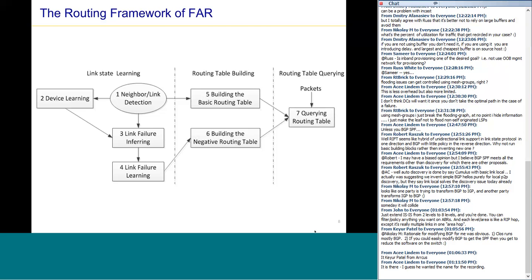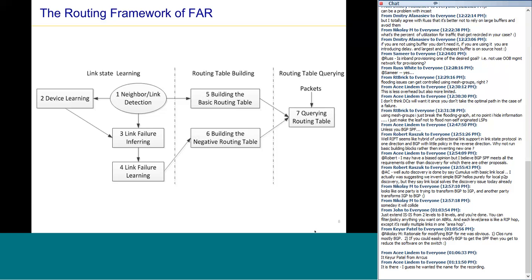So this is the procedure of fault avoidance routing. Step 1 is the link state learning, the neighbor link detection, and then step 2 is the device learning, and it goes to step 3, which is the link failure inferring, and then 4 is the link failure learning, and 5 is building the basic routing table, that's the BRT.